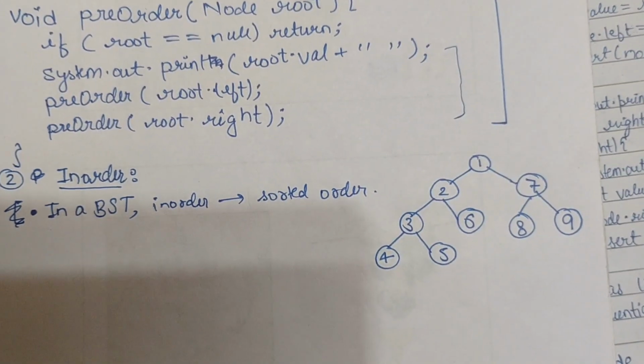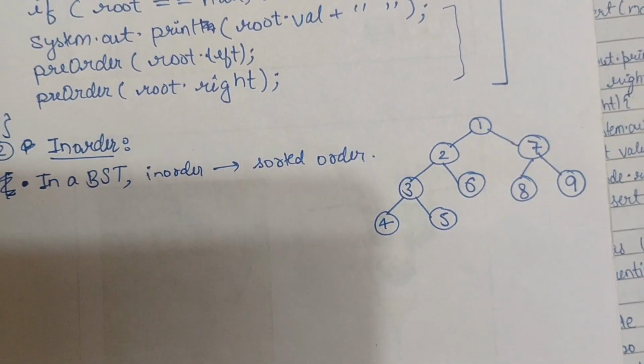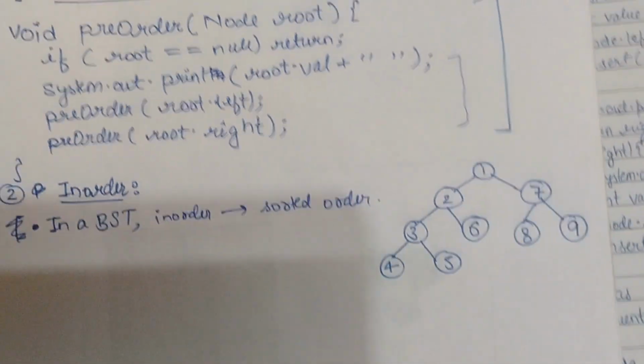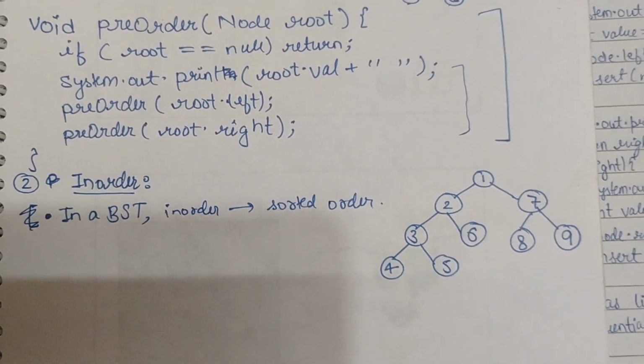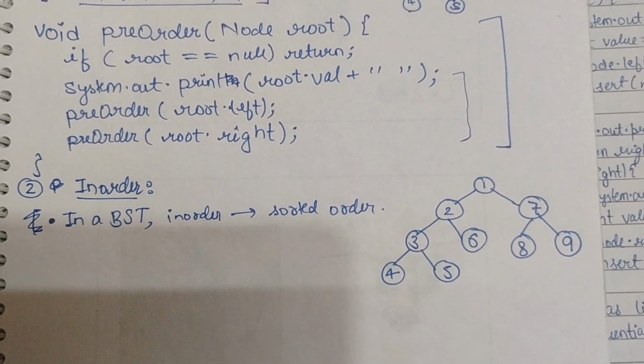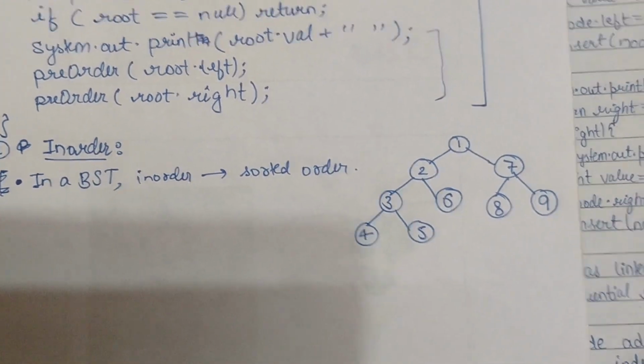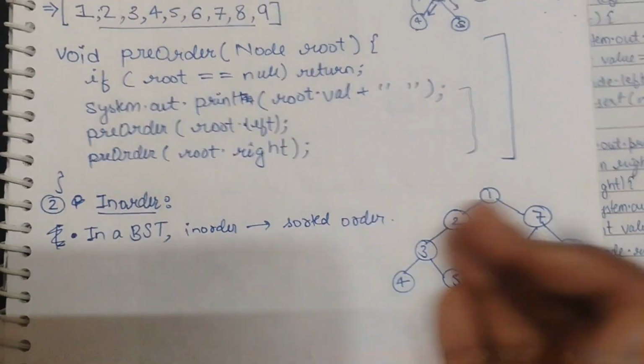It can be asked in any interview or university exam, maybe in an MCQ, which traversal order gives a sorted sequence in a binary search tree. So you can write in-order traversal. Now we'll proceed.